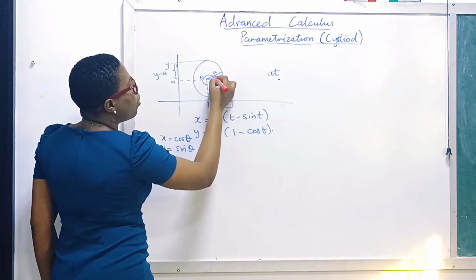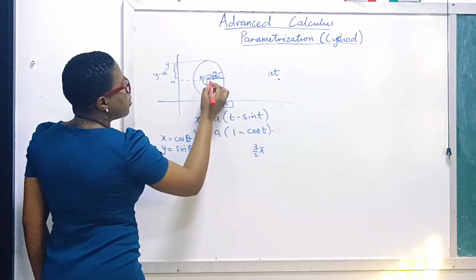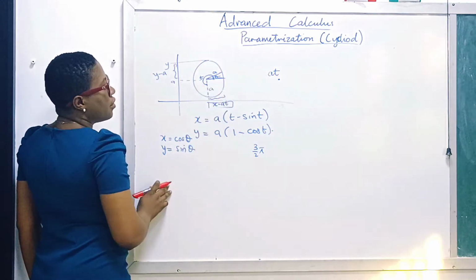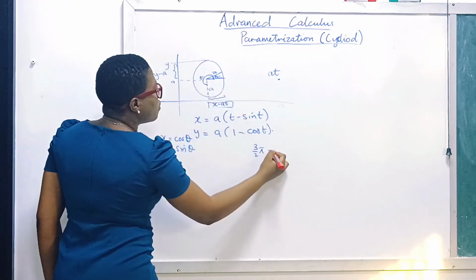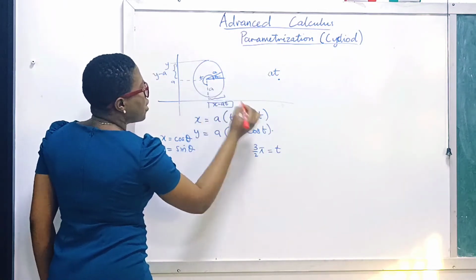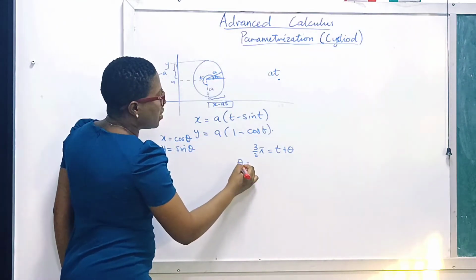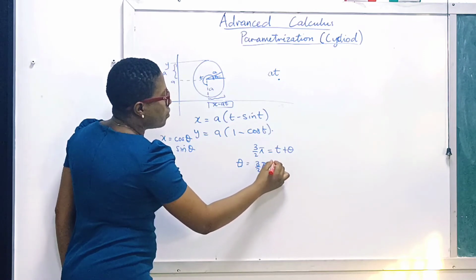We have that the whole of this is 3 over 2 pi. This is pi plus half pi. And this 3 over 2 pi comprises t and theta. So theta is equal to 3 over 2 pi minus t.